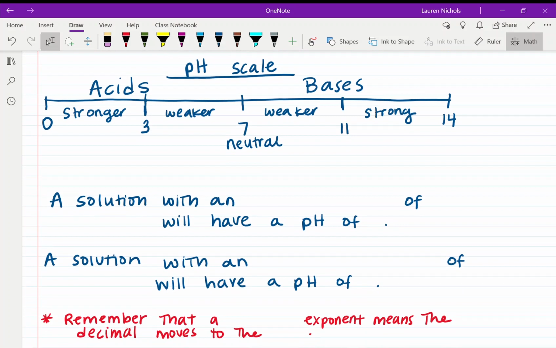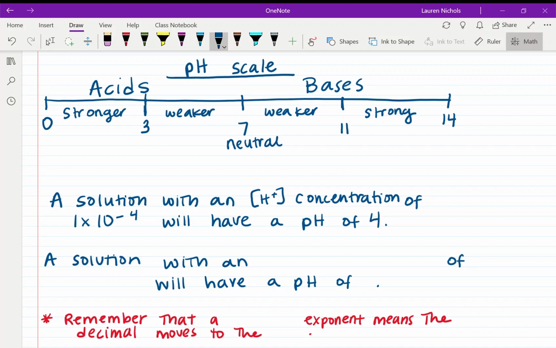Now, a solution with an H plus concentration of 1 times 10 to the negative 4 will have a pH of 4.